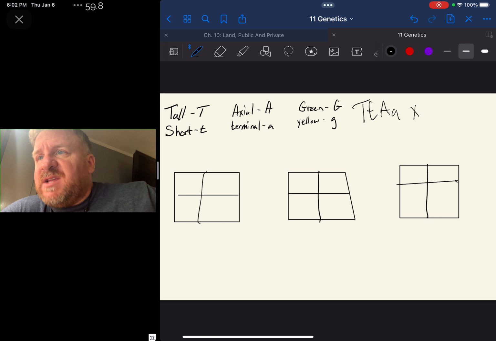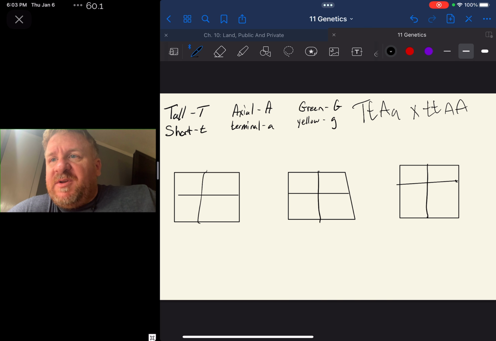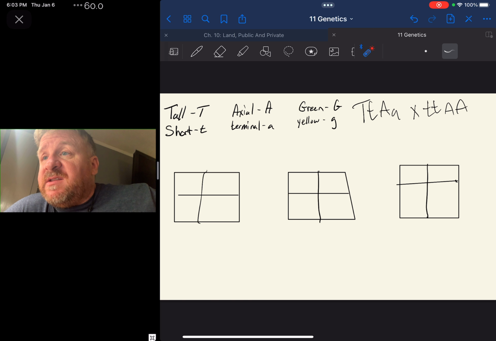I think I did this same one yesterday. And we're going to cross that with a short, homozygous axial. That'll make things a little bit interesting. Here's our two plants that we're looking at. We're going to do a monohybrid cross with the T's, then a monohybrid cross with the A's.